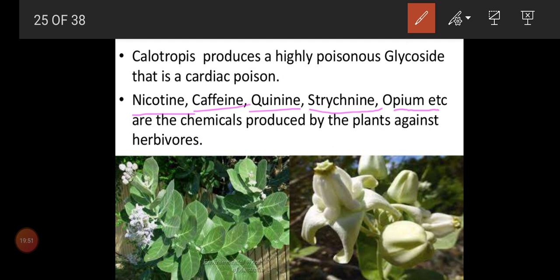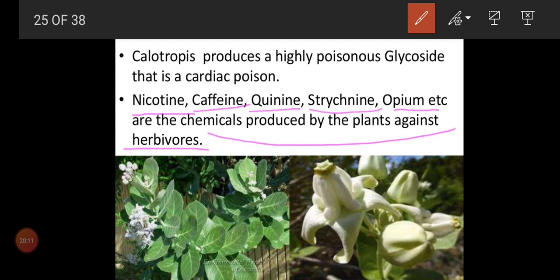And sometimes these nicotine, caffeine, quinine, strychnine and opium are used in medicine, in lower quantities, and also for other purposes. We should follow certain rules and regulations to get benefit from the secondary metabolites. And these are the chemicals produced by the plants against herbivores.